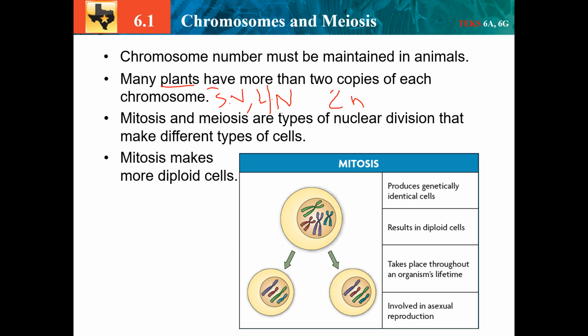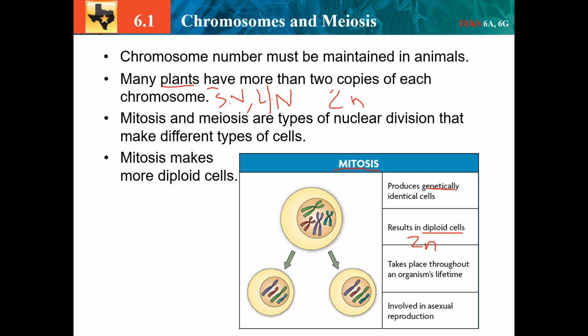So comparing mitosis to meiosis: if you remember, mitosis is whenever we take a cell like your body cell, any of your somatic cells, and divide it to make a genetically identical cell. So in mitosis, you produce genetically identical cells, and again, they're still going to be diploid, that 2N.